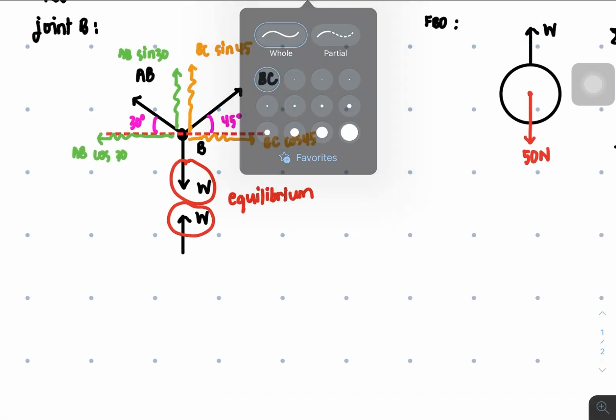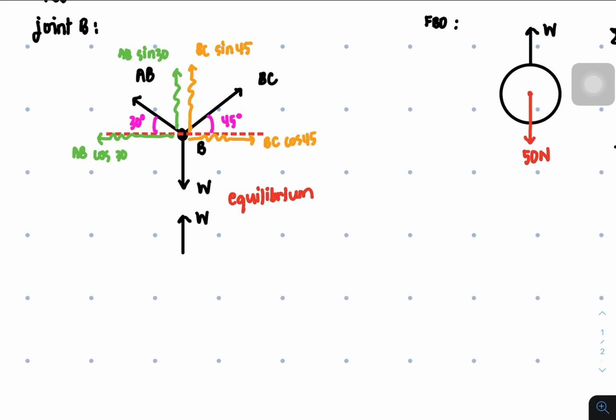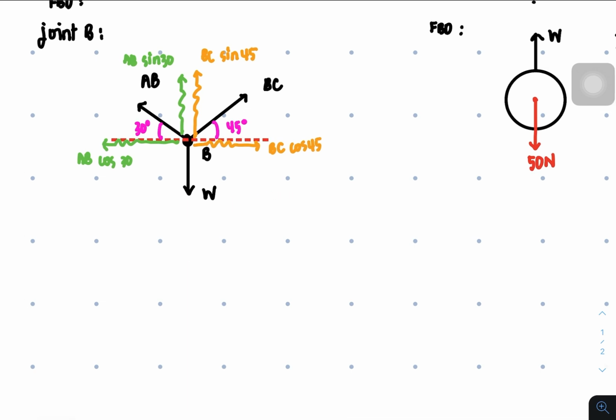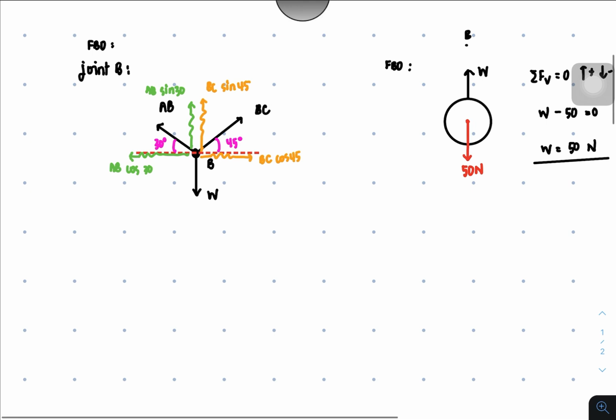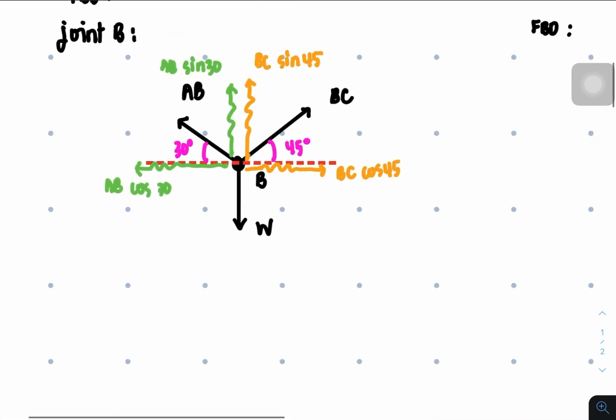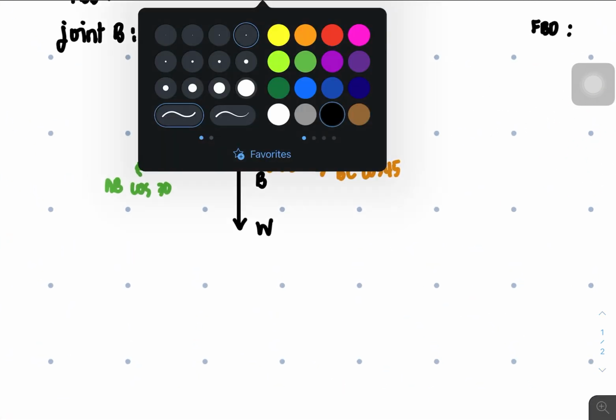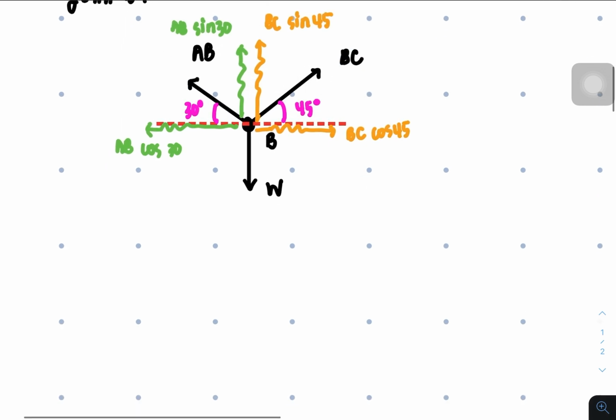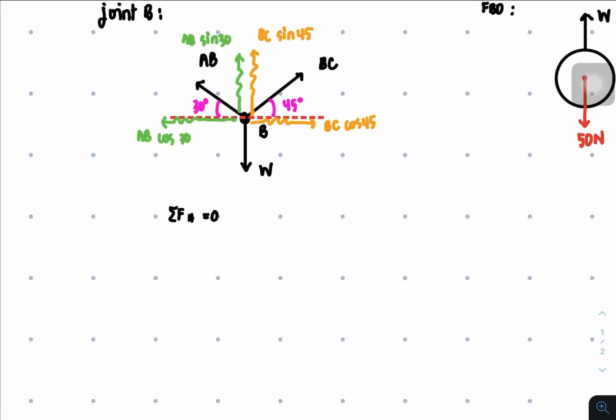So let's just erase this one. Since we have the W already and we resolved the components of the forces AB and BC, we will be using the summation of forces horizontal equal to 0. For that, summation of forces horizontal, to the right positive, to the left negative.